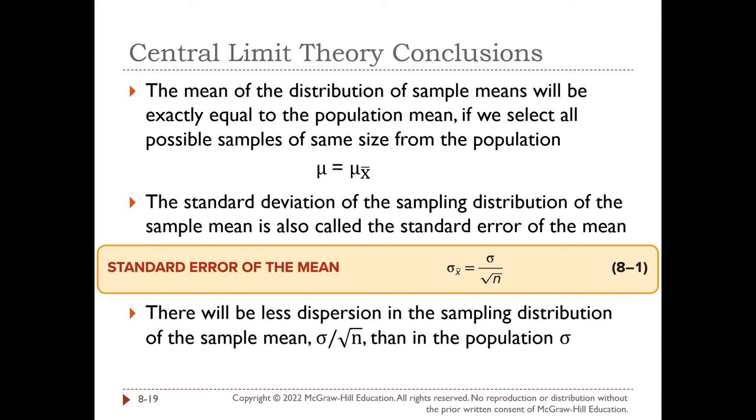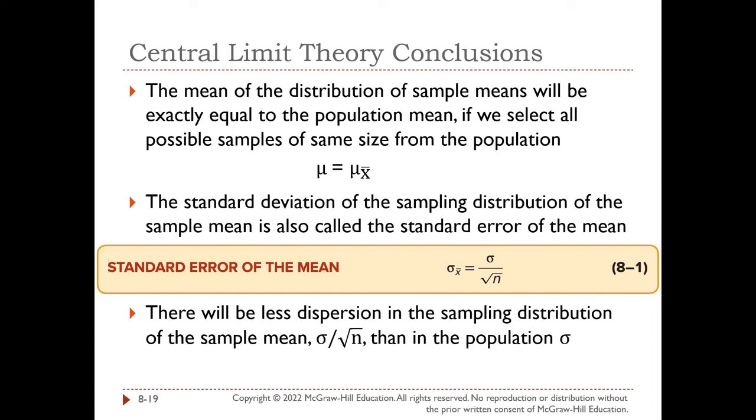There will be less dispersion in the sampling distribution of the sample mean than in the population. So, even though we do not select all samples, we can expect the mean of the distribution of the samples to be close to the population mean.